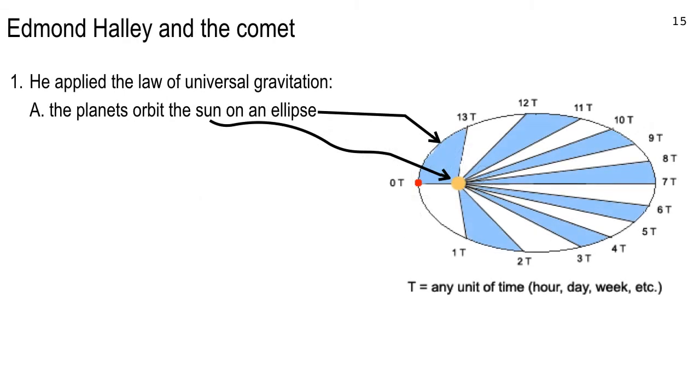Now, maybe 50 years prior to Newton, there was a European named Johannes Kepler. He was an astronomer. He kept records, and he studied other people's records of planetary positions.